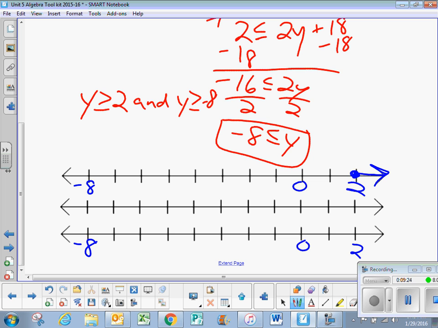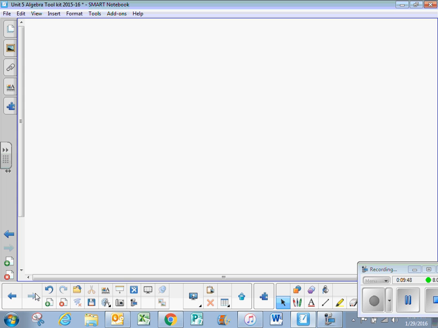Second graph is y is greater than or equal to negative 8. So where are they both graphed? Right. From 2 and beyond. Yep, that's the final answer. 2 to infinity. 2 to infinity and beyond, including 2. Don't be that kid. Okay, and number 12.